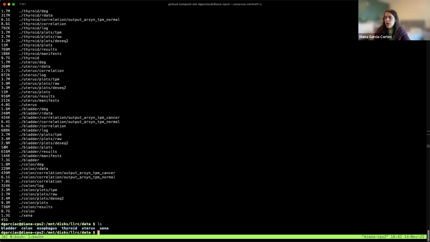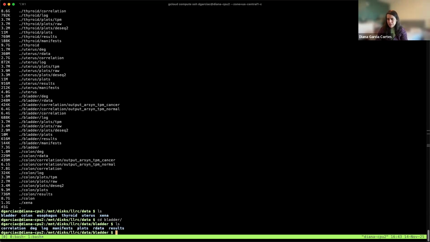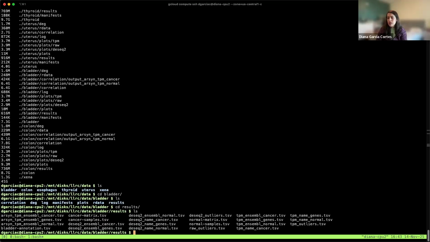Okay, so I'm gonna tell you a little bit about the project that I have here. As I mentioned before, I work with genomic data. I have data for different tissues, and I'm comparing normal versus cancer. I have to do a specific task called calculating mutual information.